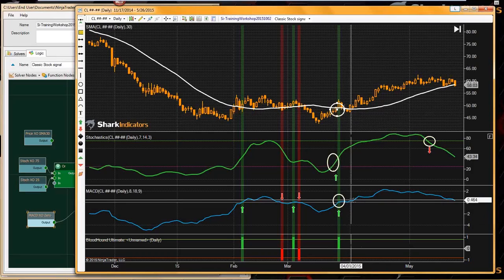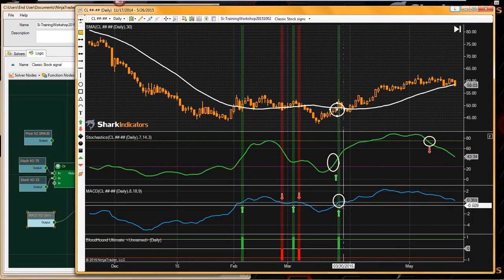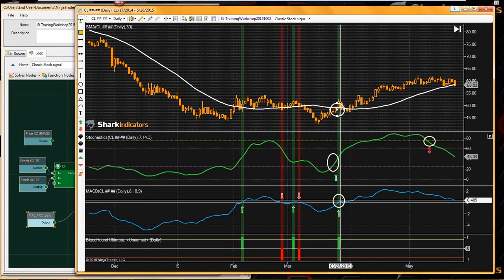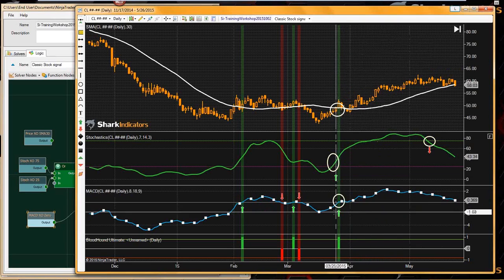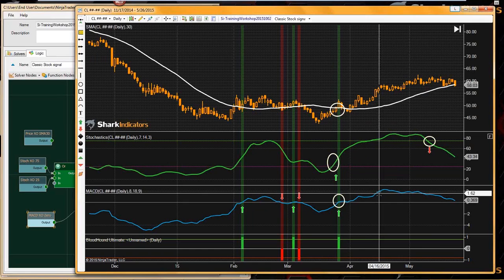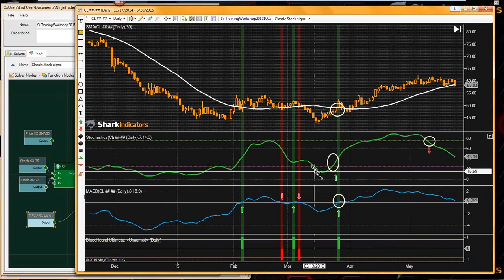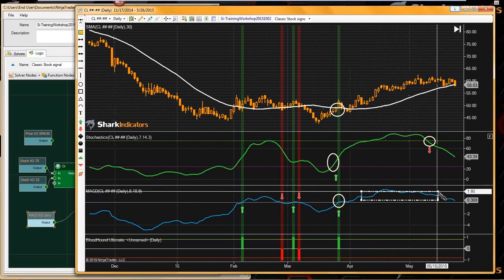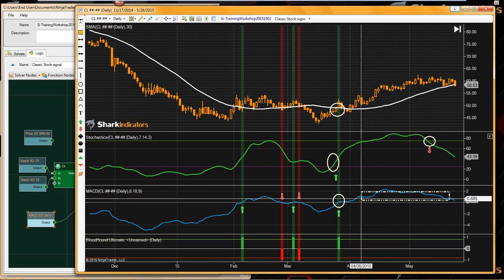So for the MACD, I'm using a crossover solver because it gives me just one signal at this crossover point. Whereas if I use the threshold solver, it's going to give me a long signal whenever the MACD is above the 0 line, so all of these bars would be marked with a long output.